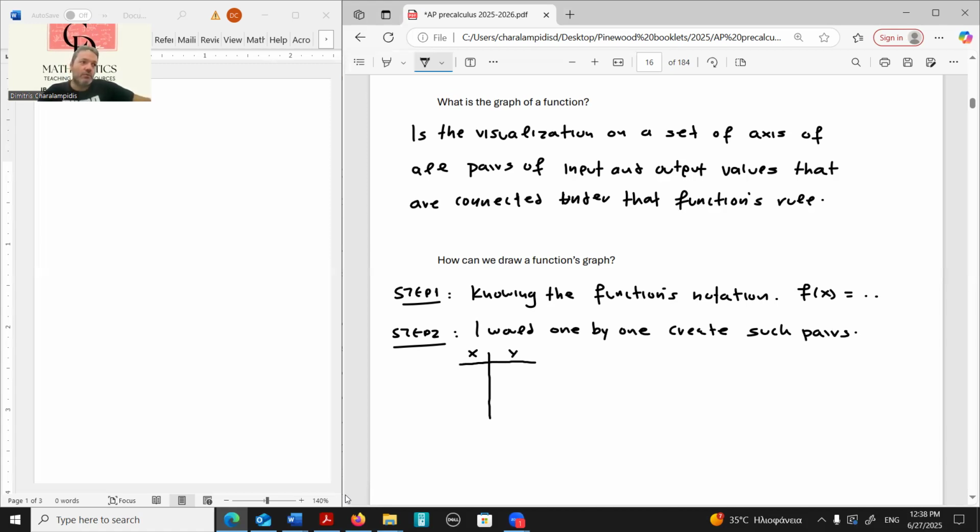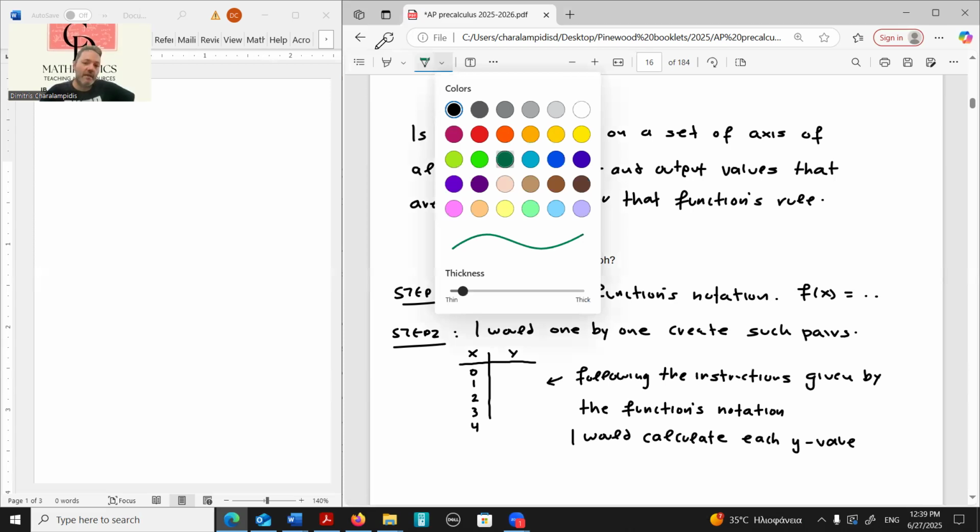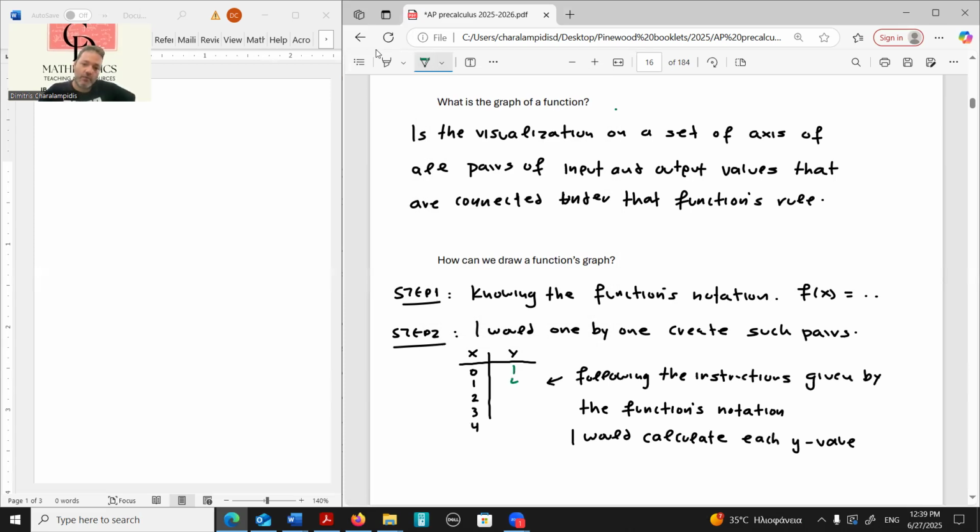We could put the x values ourselves, let's say 0, 1, 2, 3, 4, but then, following the instructions given by the function's notation, I would calculate its y value.